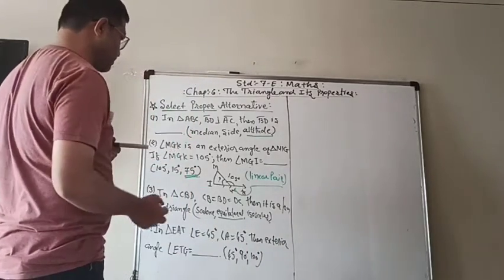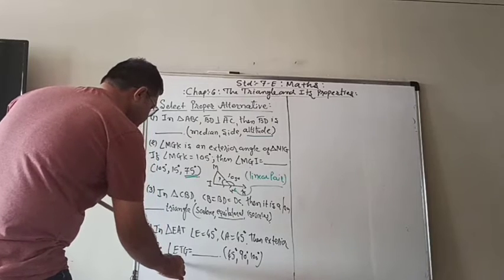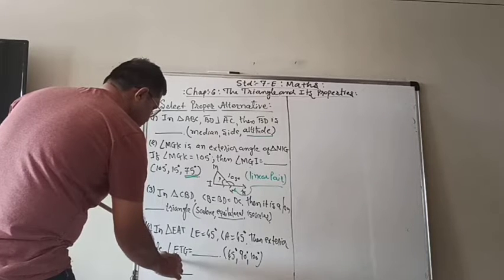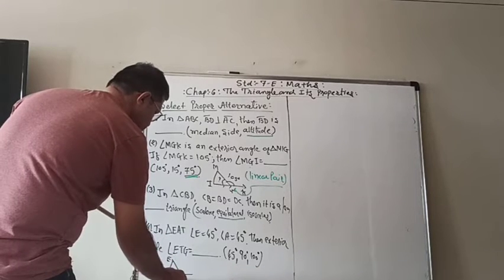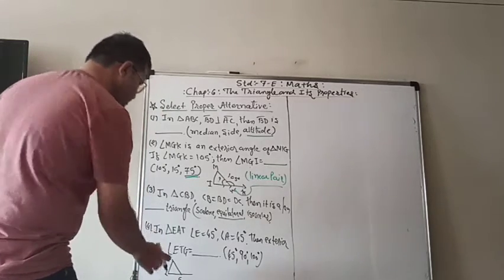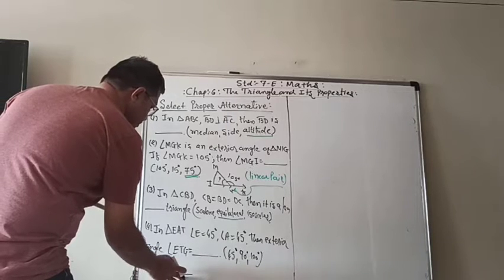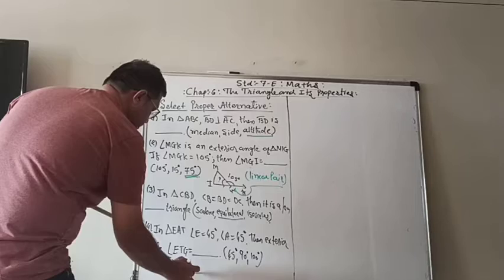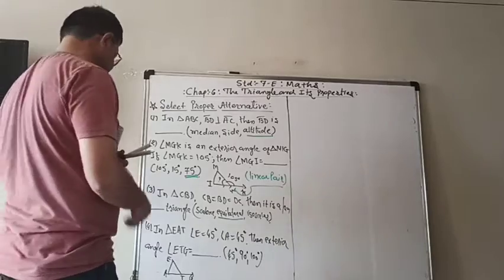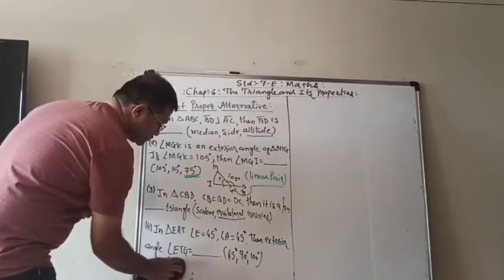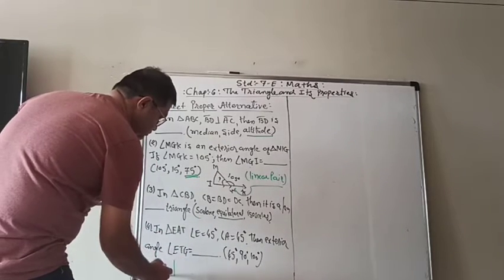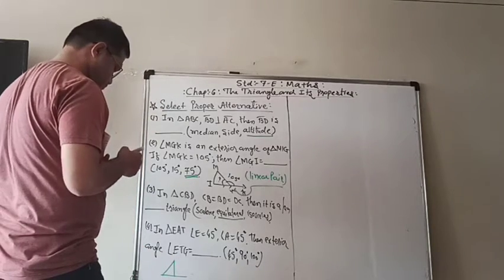Here also for your reference you can draw a figure. ETG, EAT, and that is the G. So now here you will notice that we have to use a property.